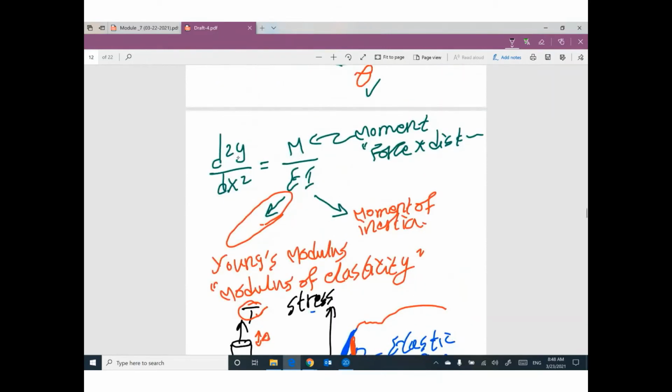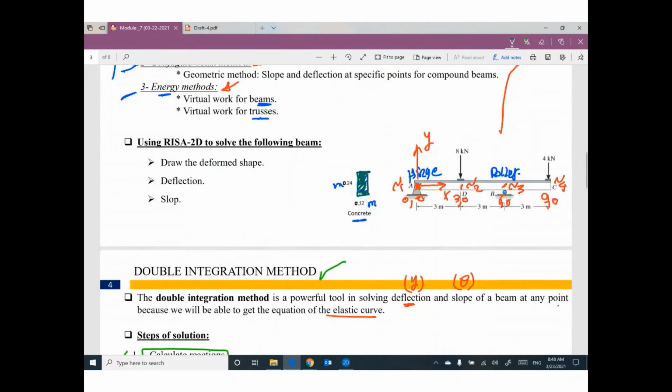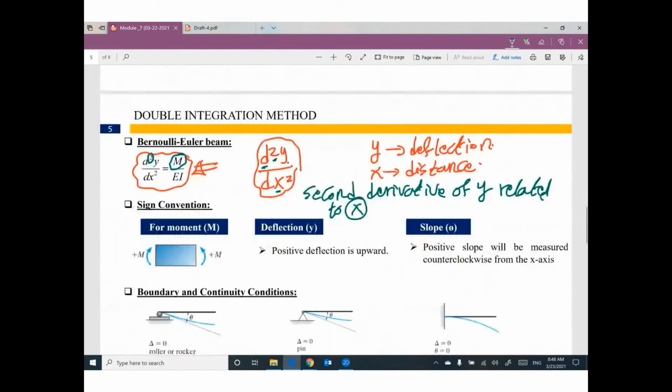So E depends on the material, I depends on the cross section. And M is the bending moment. This expression equals the second derivative of y related to x. I'm trying to explain what is the meaning of this expression.